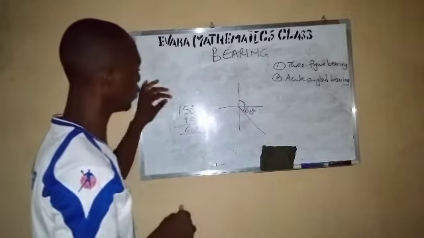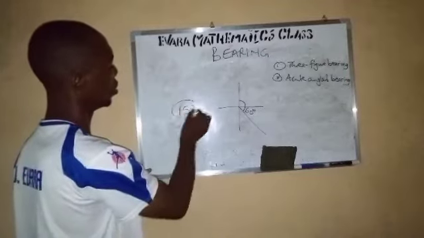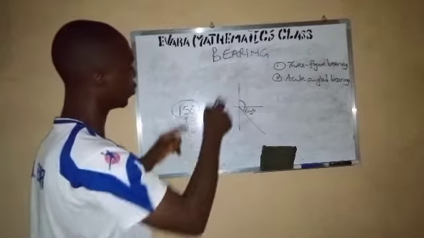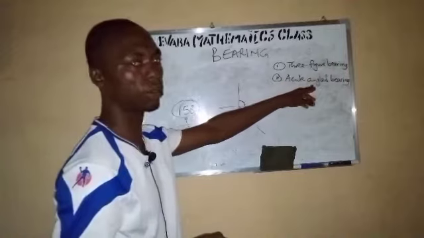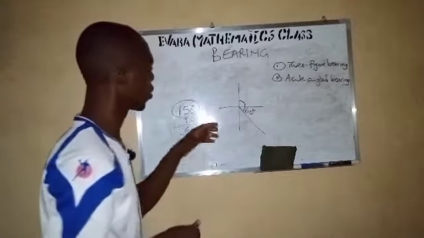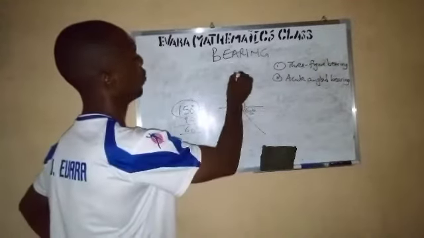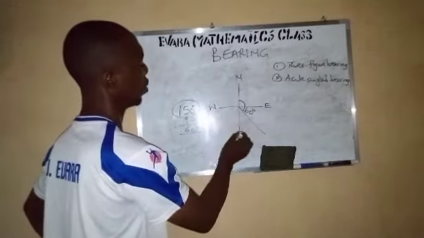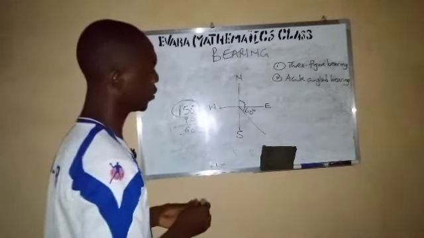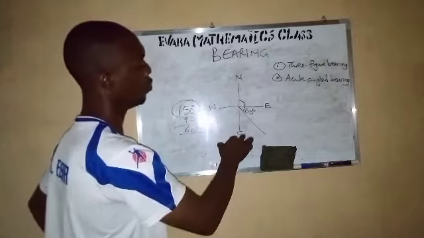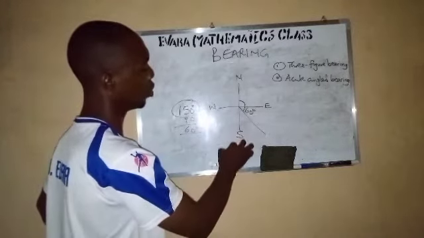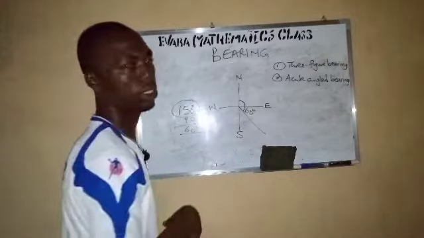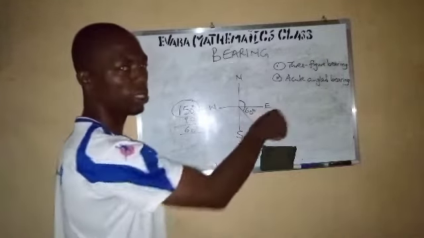We want to convert this 150 degrees from Threefigure Bearing to Acute-angled bearing. Now, we have north, east, west, and south. We can see that the angle falls between the region of south and east. It is always southeast, not east-south.